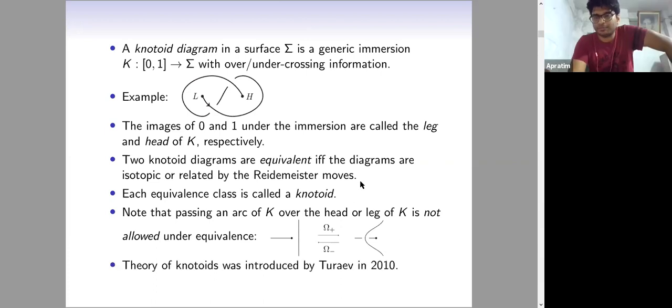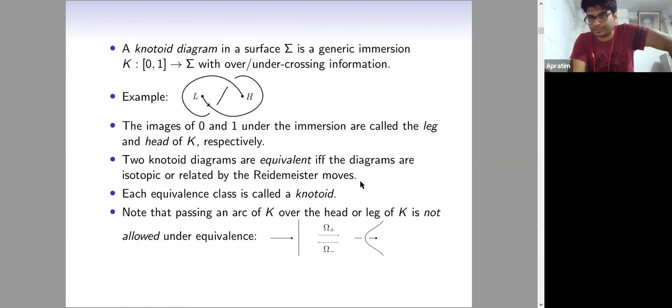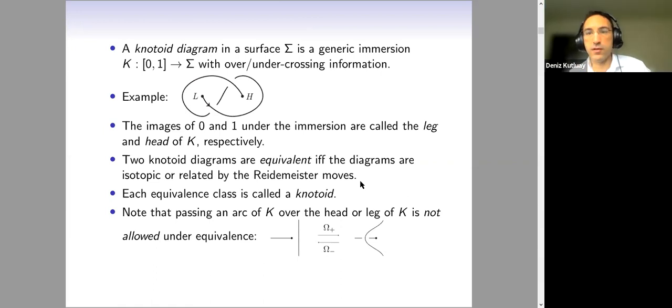So the Reidemeister moves are performed away from the endpoints, right? Correct, yes. Reidemeister moves happen far away from the endpoints. And you cannot pass an arc over or under the head or the leg of the knotoid.